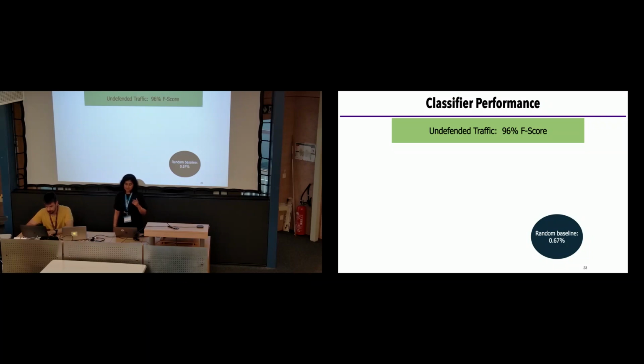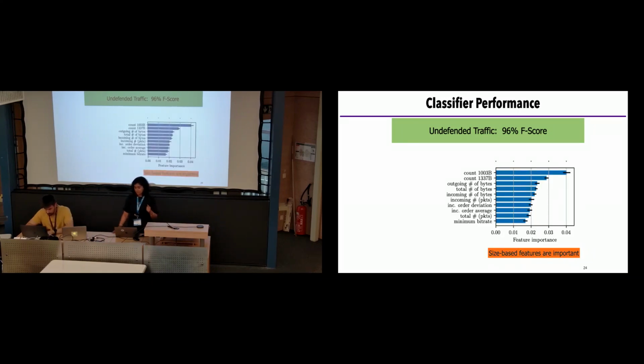So in our classifier, we have 150 sites. So for a random classifier, you have a 1 in 150 chance of getting it right, which is the baseline. If you look at the undefended traffic, the classifier actually obtains like a 96% F-score. The precision and recall are around the same here, which is much higher than the random baseline.